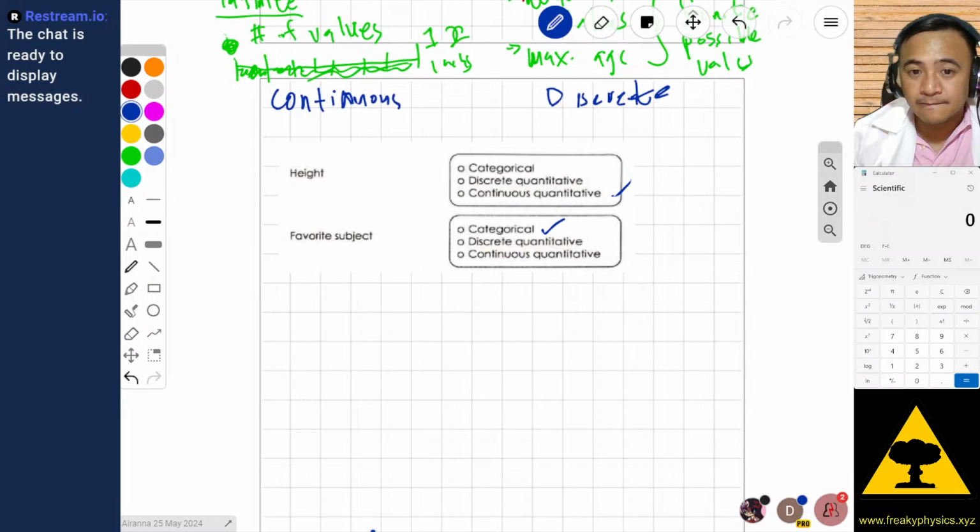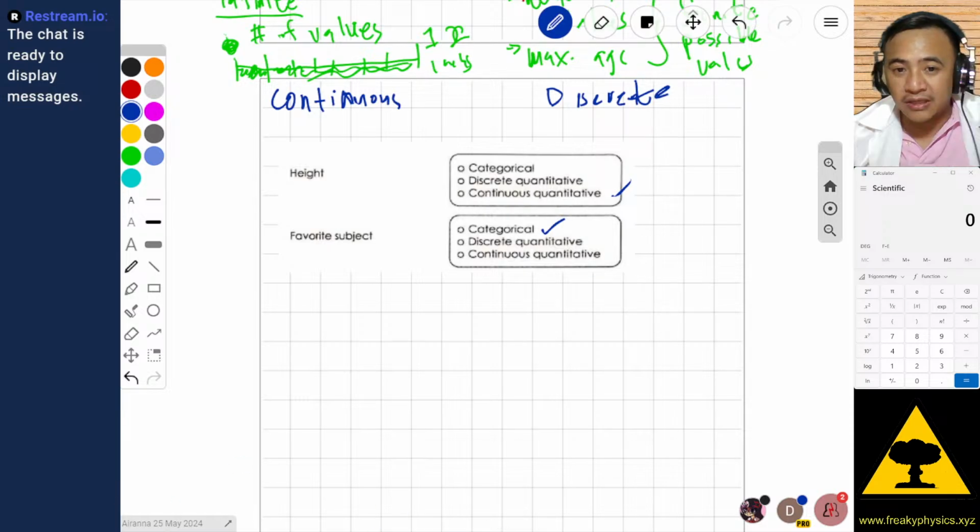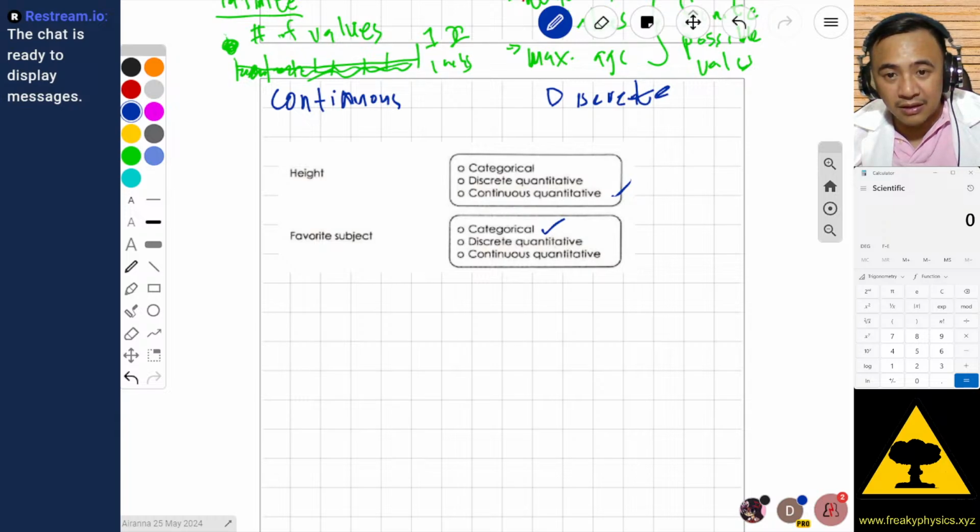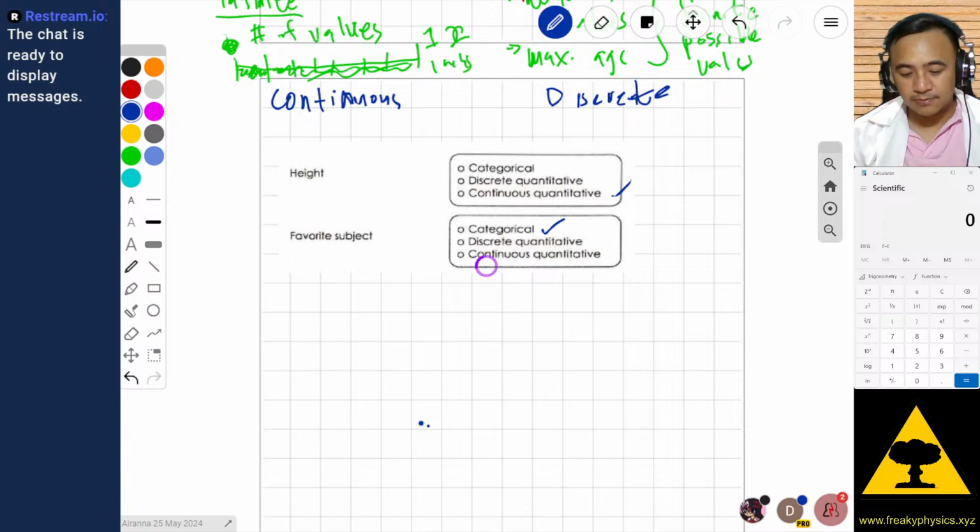How about the last one here? The number of televisions in a household. Again, so categorical, discrete, or continuous.